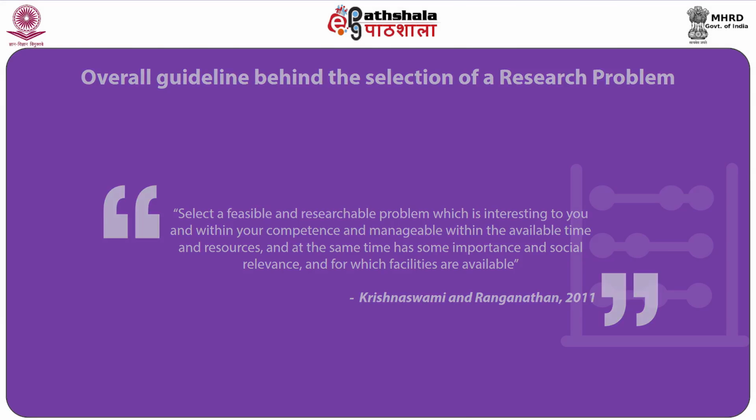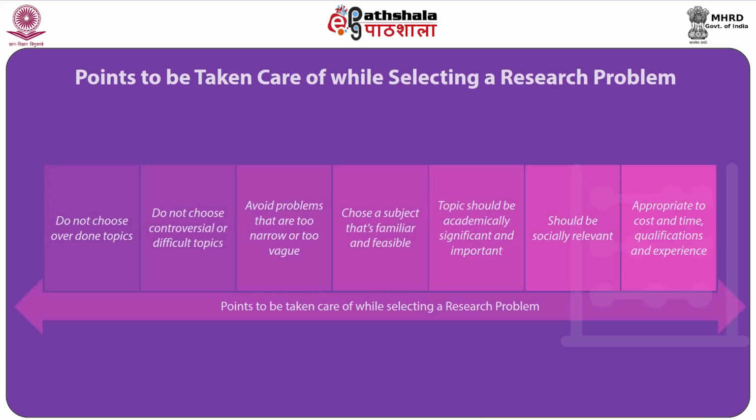are available. Now, we will try to discuss the points to be taken care of while selecting a research problem. First of all, subjects which are overdone should not normally be chosen. Likewise, average researchers had better not choose controversial topics and difficult ones. Too narrow or too vague a problem should be avoided.